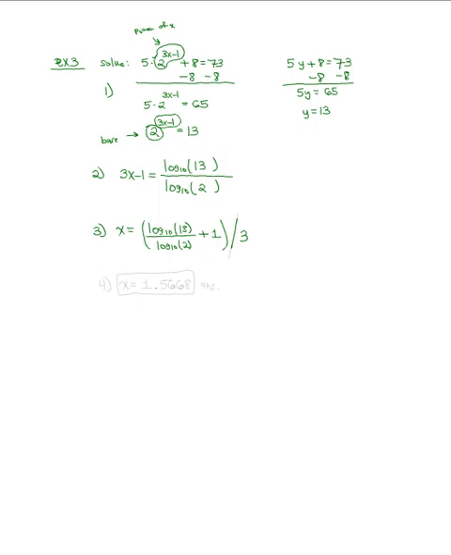So that's solving for x in step 3. I added 1 and divided by 3. And then step 4 is to type this all in your calculator in the right order.